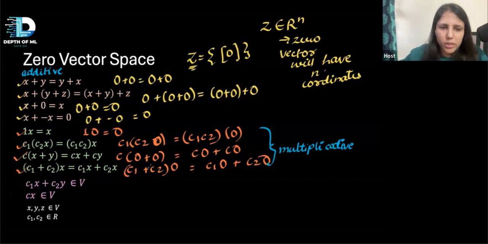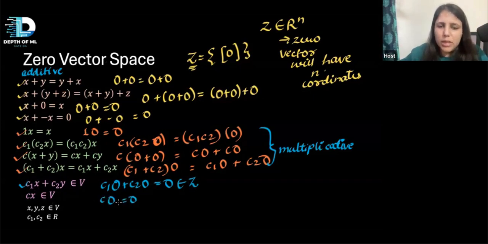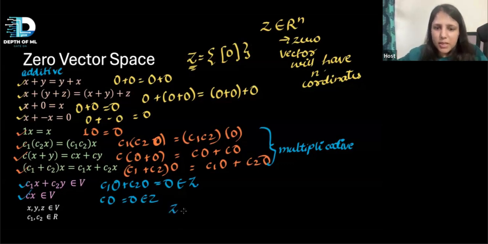If I take a linear combination, C1 0 plus C2 0, right? It will give me a zero vector which already belongs to this set, right? So this is also satisfied. If I take a multiple of the zero vector, it will give me the zero vector which also belongs to the set. So all the 10 axioms which are required for a vector space are satisfied for the zero vector space. So that's why the zero vector space Z is a valid vector space.